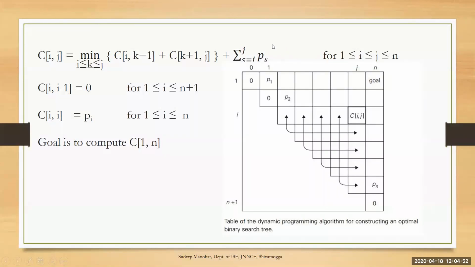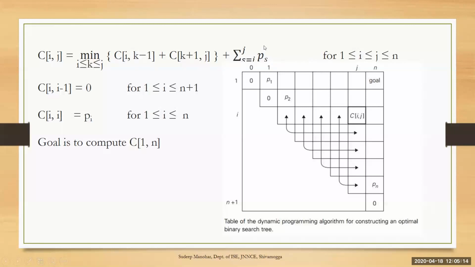You have to add P of 2 plus P of 3. If i is 1 and j is 4, k gets 4 different values, 1, 2, 3 and 4. And you have to add all starting from 1 till 4: P1 plus P2 plus P3 plus P4.